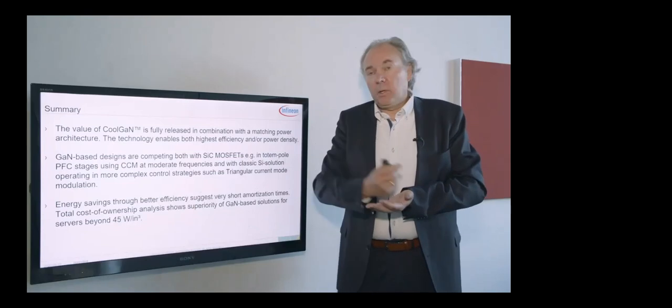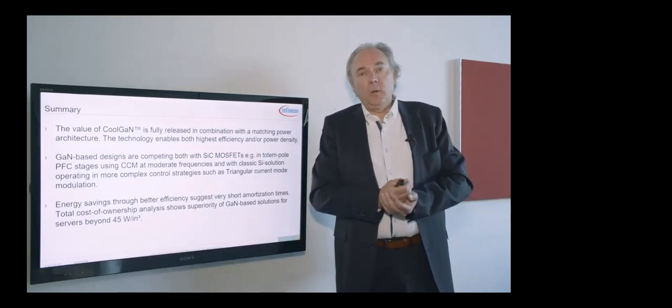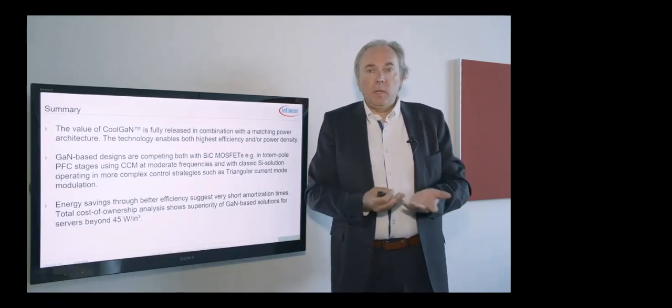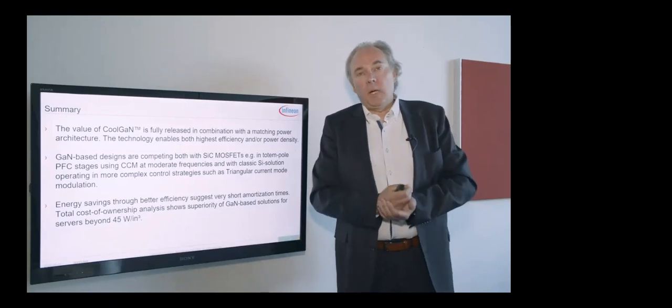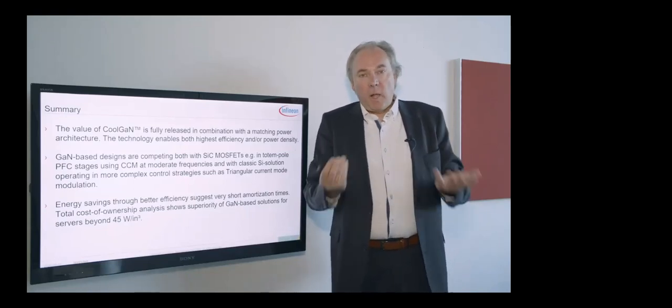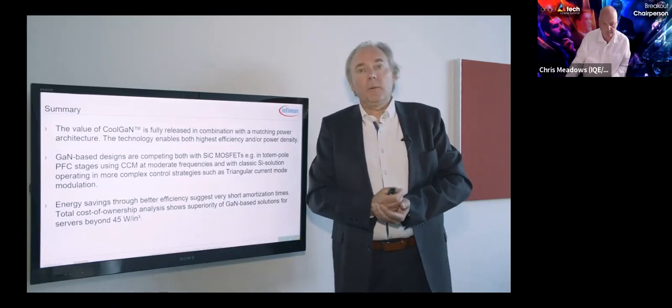As I showed on the last two slides, there is a positive net effect on the total cost of ownership. So gallium nitride is already affordable now and will transform the market and create a bunch of value in the high power segment. Thank you very much for your attention.